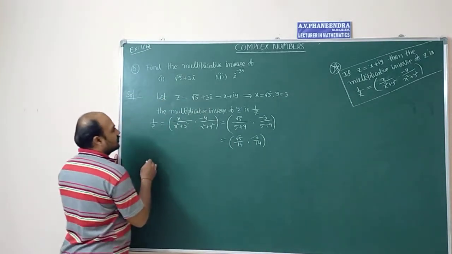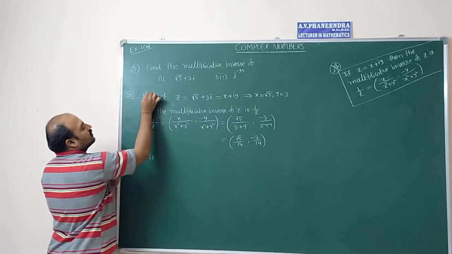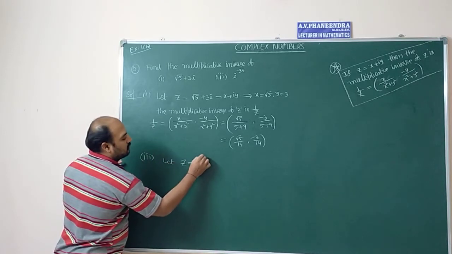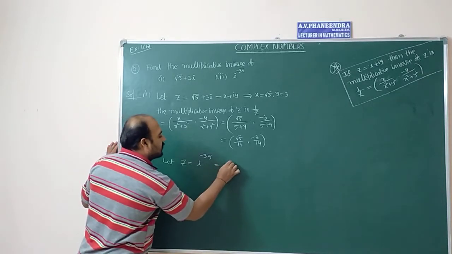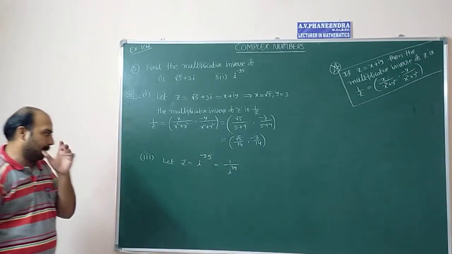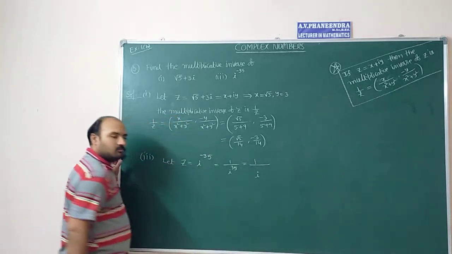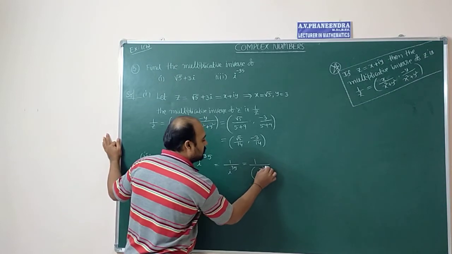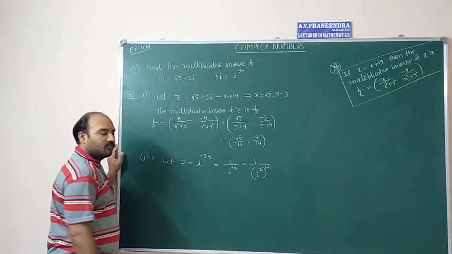Come to the second question, third question in this. This is the first question. Let z is equal to i power minus 35, which can also be written as 1 by i power 35, which is equal to 1 by i power i square whole power 17 into i.